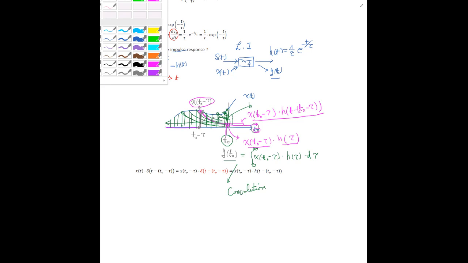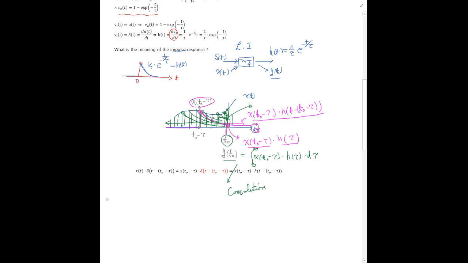I think y(t0) at t equals 0 will be x(t0 - τ), with τ changing from 0, meaning current time, to infinity, meaning far before.